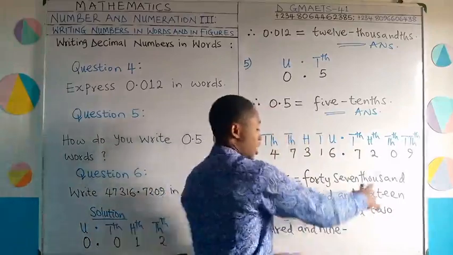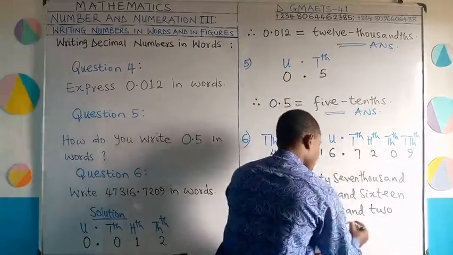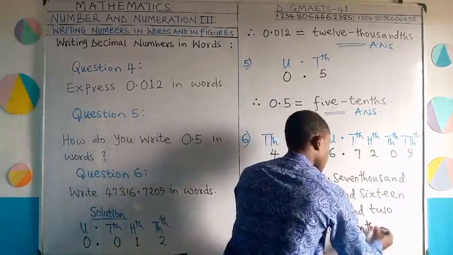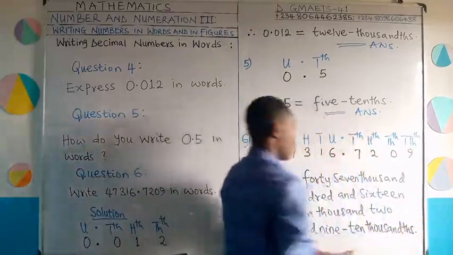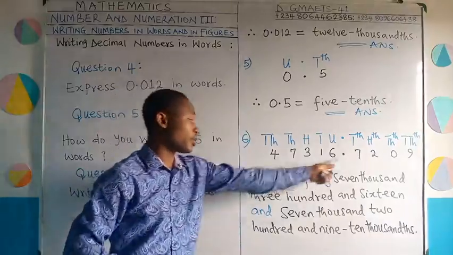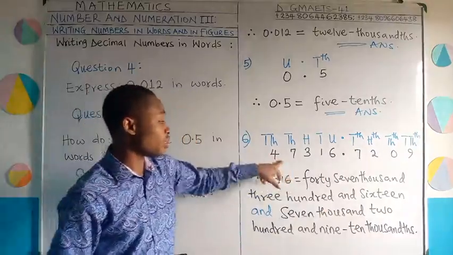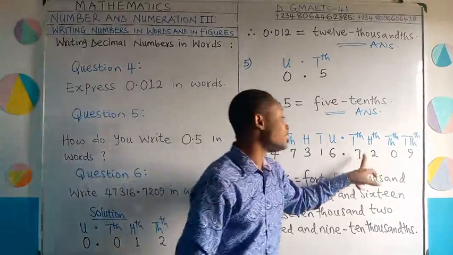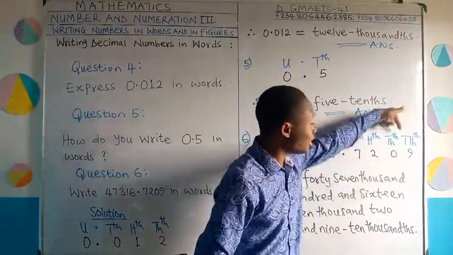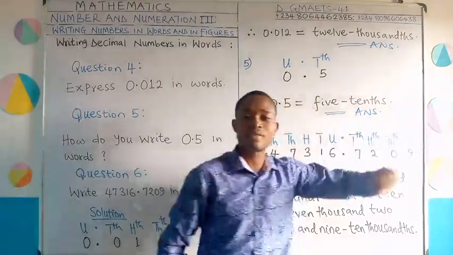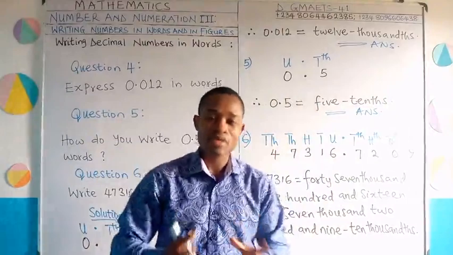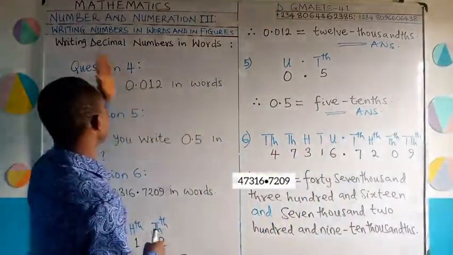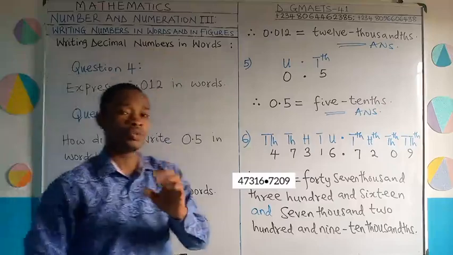Now, put a hyphen and conclude with ten-thousandths. So this is how we write this number in words. 47,316 and 7,209 ten-thousandths. And this brings us to the end of how to write decimal numbers in words.